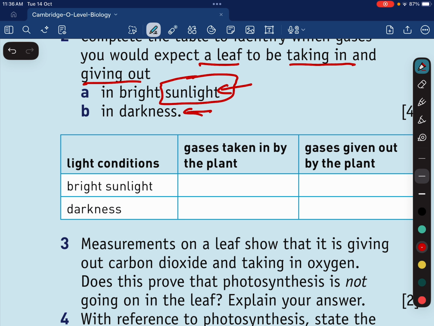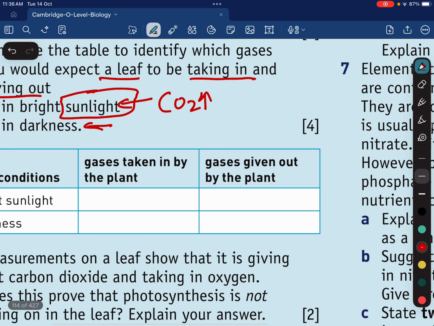So during sunlight there is going to be more carbon dioxide taken in, and more oxygen given out. Whereas in darkness there's going to be less carbon dioxide taken in. However, there's going to be more oxygen taken in over here as well. Wait, let me just, it's getting a bit confusing.